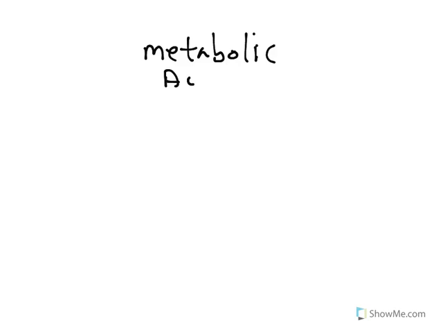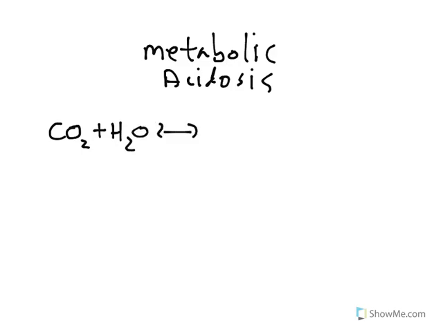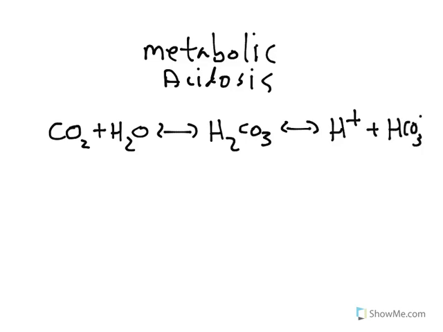In a metabolic acidosis, again, we're going to have this acidosis, low pH. So remember, we have carbon dioxide reacts with water, which produces H2CO3, which is what disassociates into the hydrogen ions and the HCO3 minus.